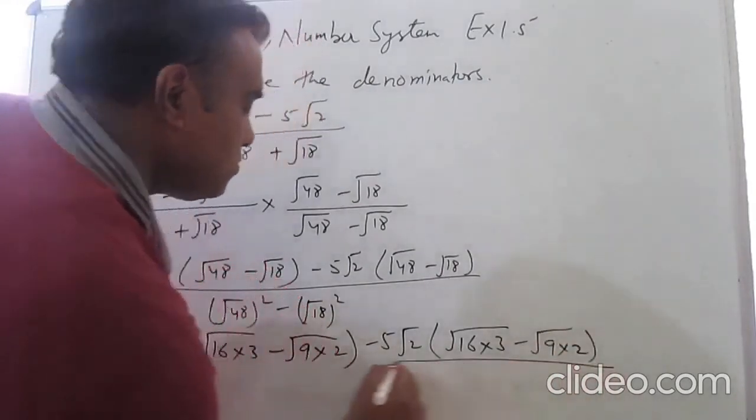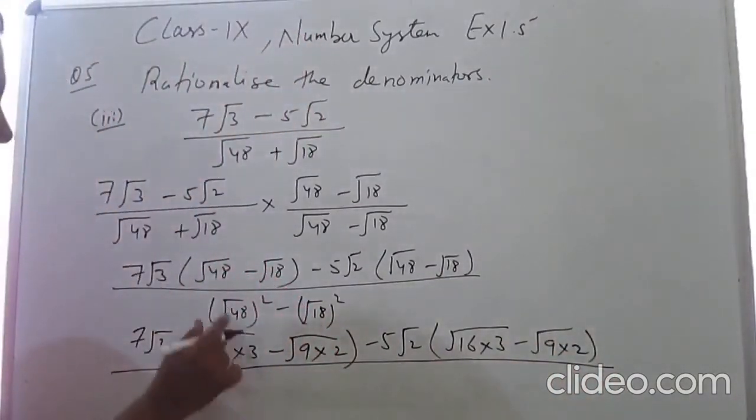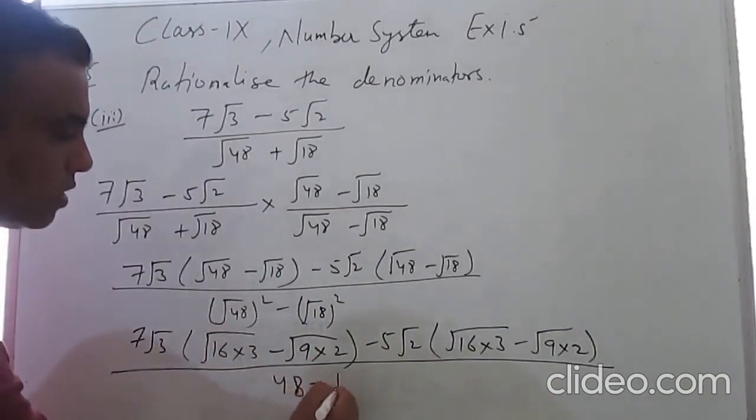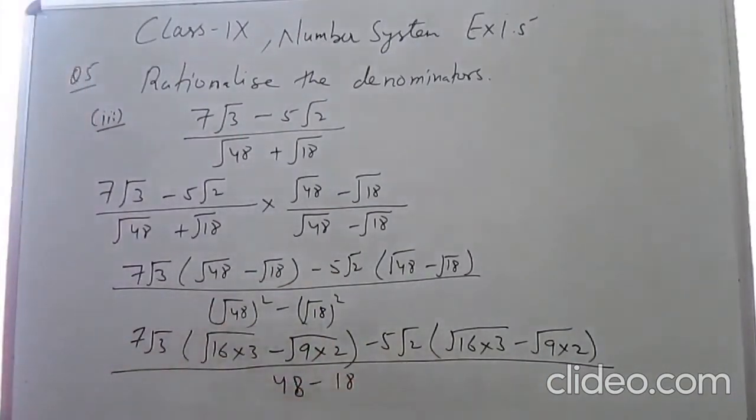Why will we do this? For multiplying. Root 48 square is 48, minus root 18 square is 18.